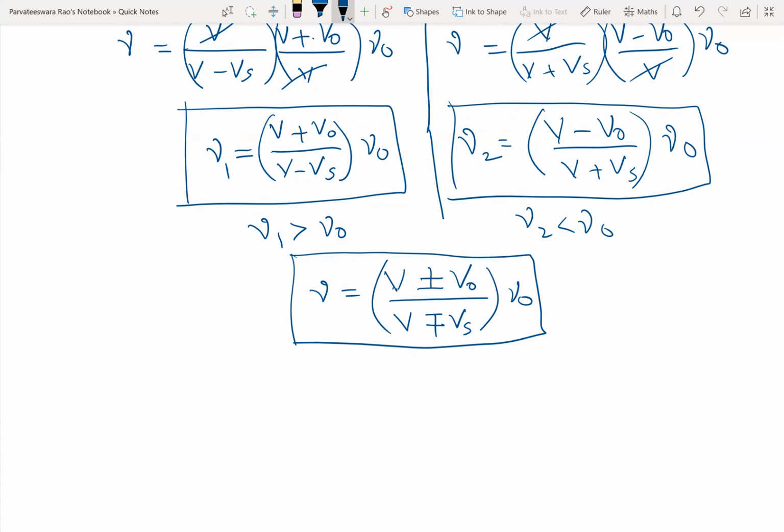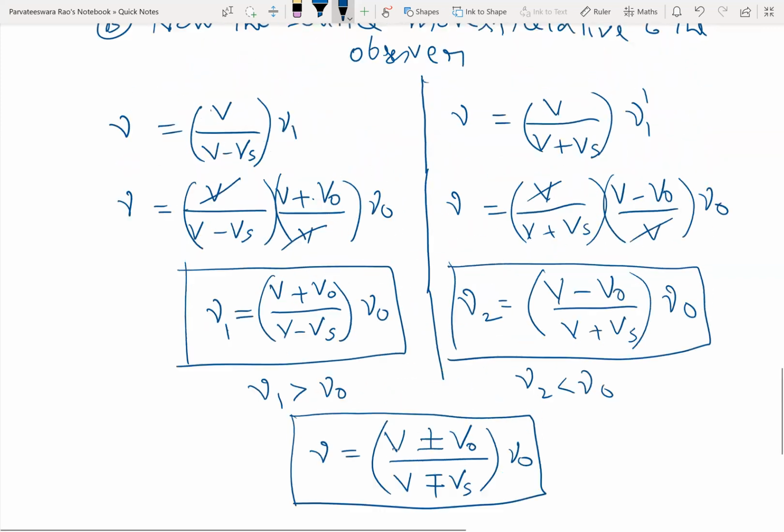Plus in the numerator when the observer approaches, minus in the denominator when the source approaches, minus in the numerator when the observer moves away, plus in the denominator when the source moves away. The converse also you can apply. Observer approaches, source moves away: so V plus V naught by V plus Vs into nu naught. Like that, this expression can be applied to any of these cases.